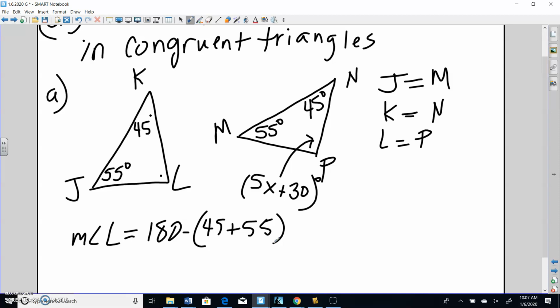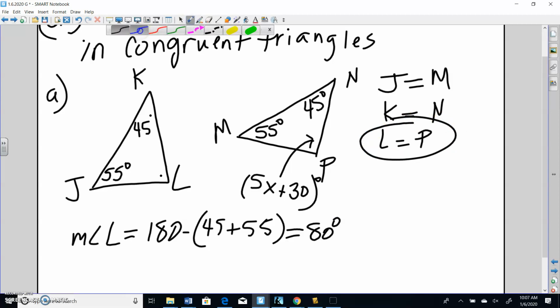Yeah, it's 100. So 180 minus 100 would be 80. So angle L is 80 degrees. So what does angle P have to equal? Remember, they're equal to each other, so they're both going to equal 80 degrees.